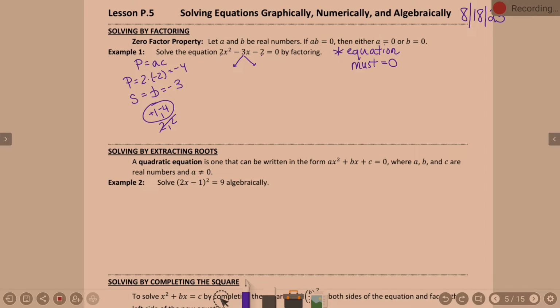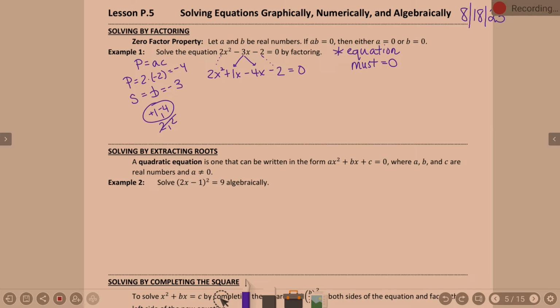Just go with what looks best to you. It doesn't matter. It all works out in the end. You guys have a preference for me? Plus 1. Okay, that's what I was trying to write. So I split that middle term into plus 1x minus 4x. The first term, 2x squared, carries down, and the last term, minus 2, carries down, and of course the equation still equals 0.